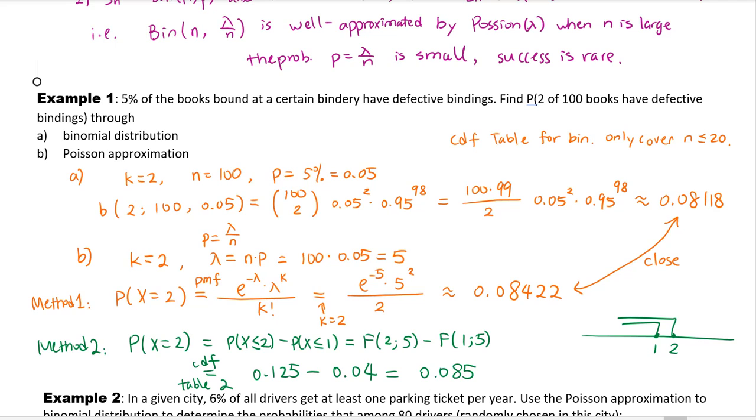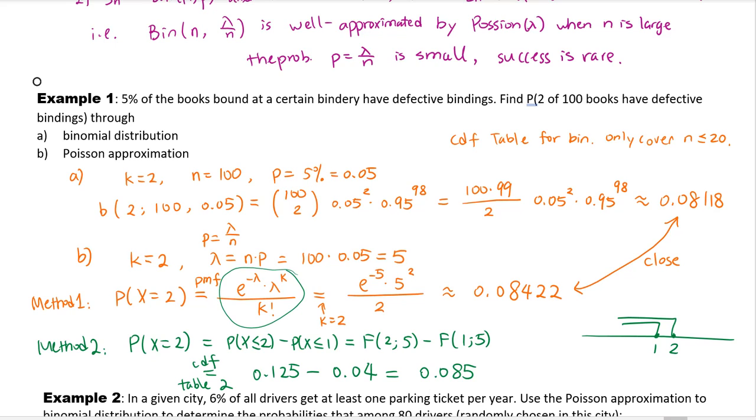And you can see the numbers are still close. In general, I suggest you use the CDF values to compute. You just simply find the two numbers from the table and do subtraction. If you use the Pmf value, then the calculation will be more complicated.